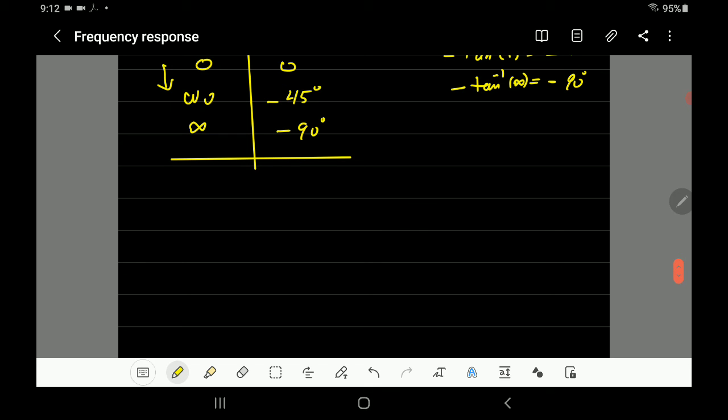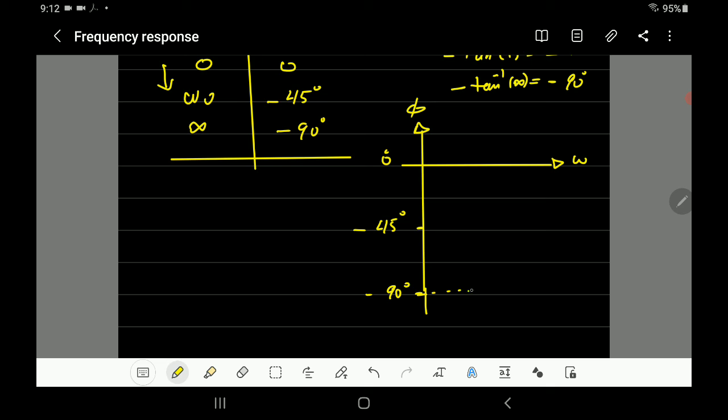So let's go ahead and sketch the phase. That's omega, and that's the phase. That's 0, and that's negative 45, and that's negative 90.